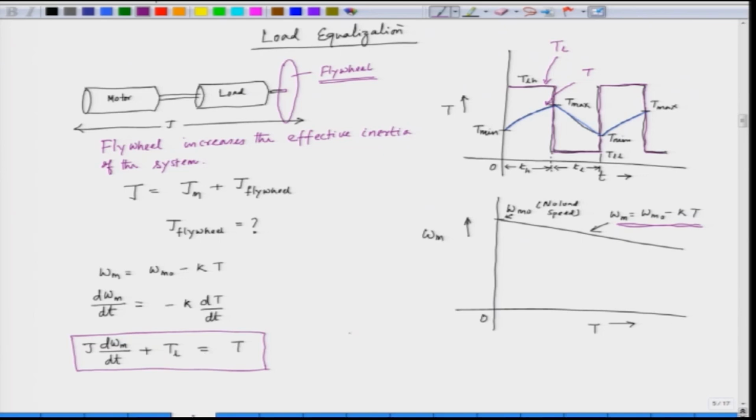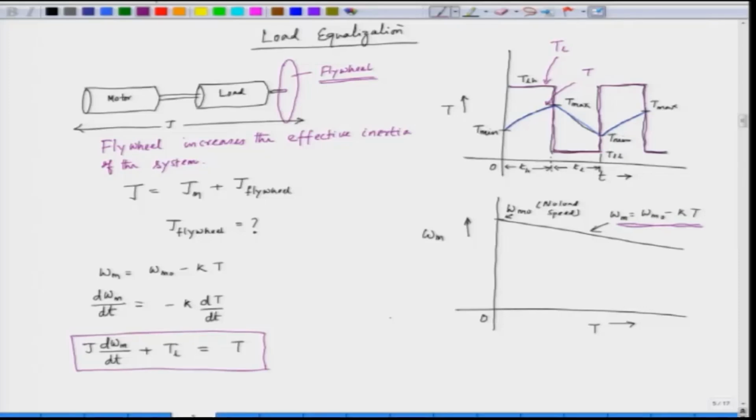Now, we substitute for d omega m by dt from the previous equation. Let us say this is equation number 1, this is 2, and we get equation number 3. So, we substitute for d omega m by dt from equation 2.